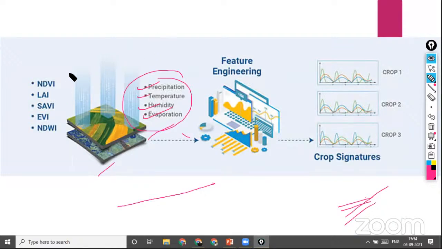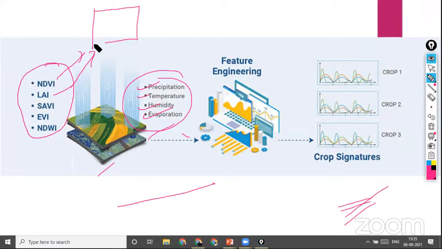And from the satellite data, there is a lot of feature-engineered satellite data available. NDVI is the normalized difference vegetation index, LAI is the leaf area index. So it gives some idea about the amount of vegetation in your image captured by the satellite.